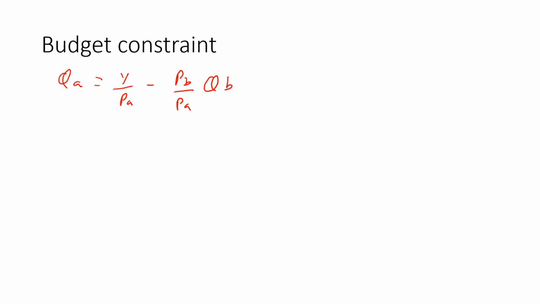Now, this equation has certain portions. Let's say we have two variables. One is QA. We can decide between these two. We have these choices about QA and QB. PA and PB are decided by the market, whereas Y is also not in our control.